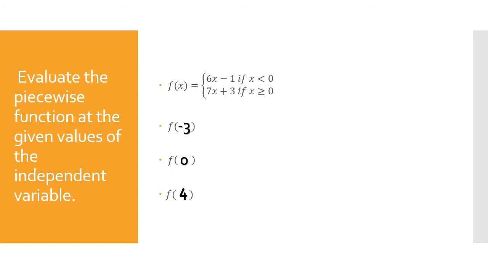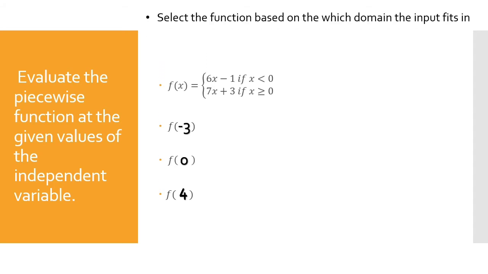Now let's evaluate the piecewise function when we're given a set of equations. The first thing we need to do is select the function based on which domain the input fits in. If I'm trying to find f of negative 3, negative 3 is less than 0.